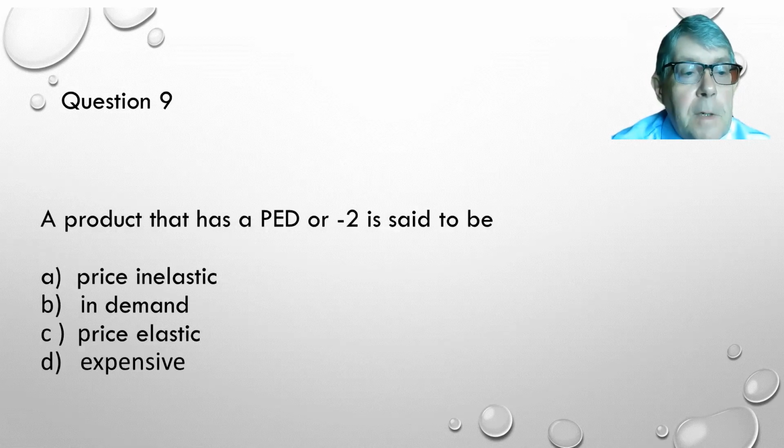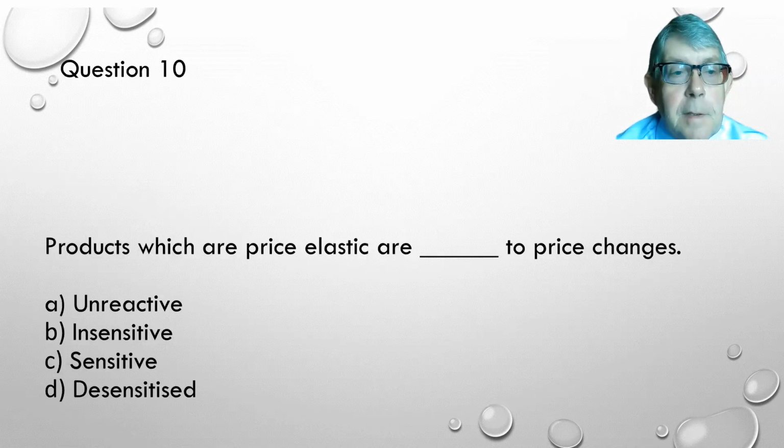A product has a PED of -2. It is said to be A, price inelastic, B, in demand, C, price elastic, or D, expensive. Question 10. Products which are price elastic are something to price changes. A, unreactive, B, insensitive, C, sensitive, or D, desensitized.